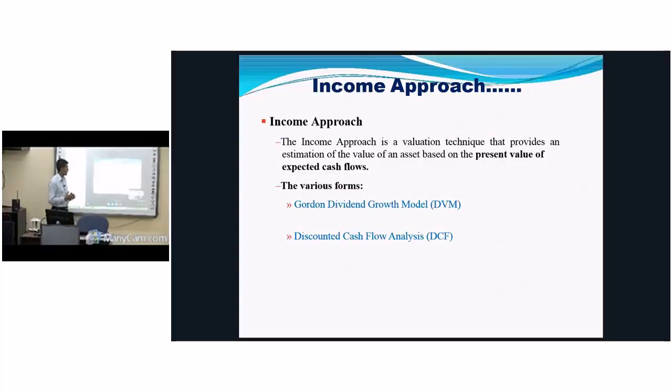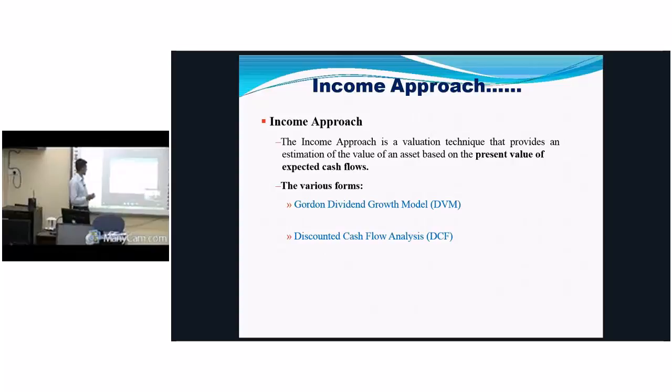Okay, let's move on to the income approach. We start with Gordon's dividend growth model and the discounted cash flows. One of the main weaknesses of the asset approach is that it does not account for the future of the business.